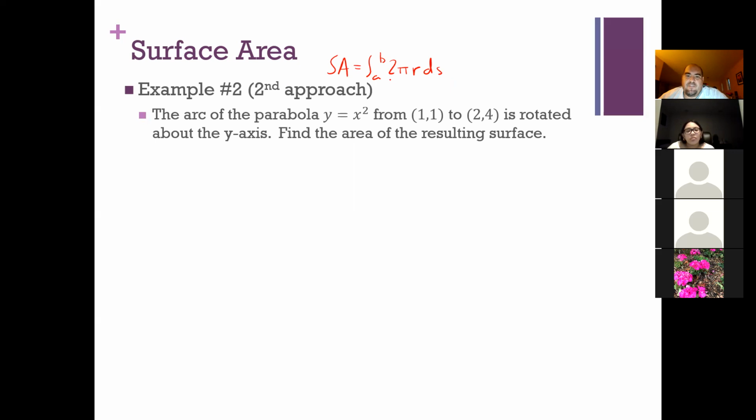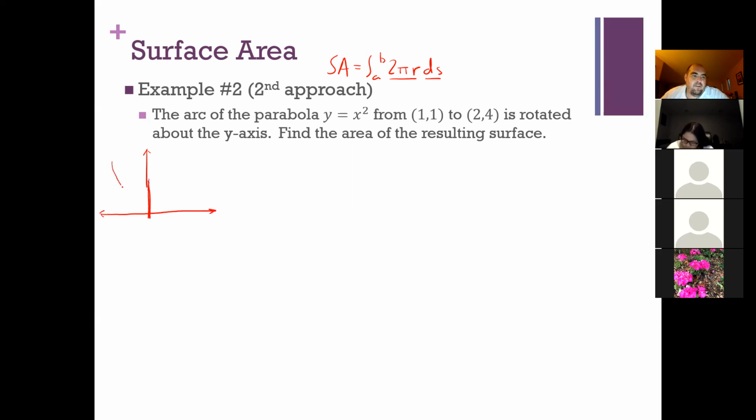It's always the circumference multiplied by some small arc length. So really, it's just a matter of representing the radius and the arc length appropriately, based on whatever the solid is, whatever your independent variable is, whatever your functions are, things like that.